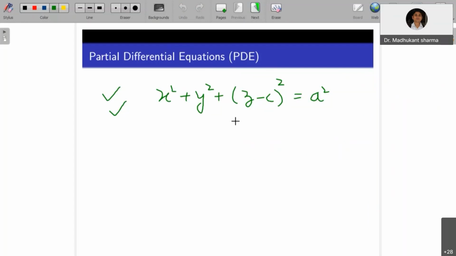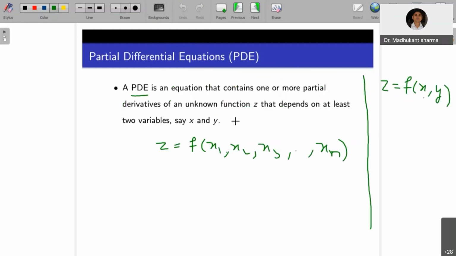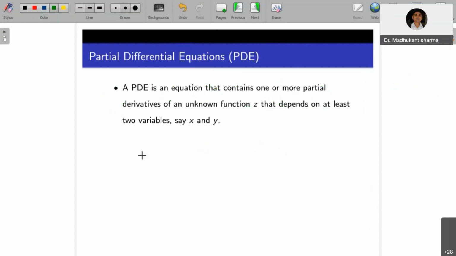Definitely a partial differential equation is an equation where the partial derivatives occur. In the general form, you put everything on the left hand side and the right hand side is 0.